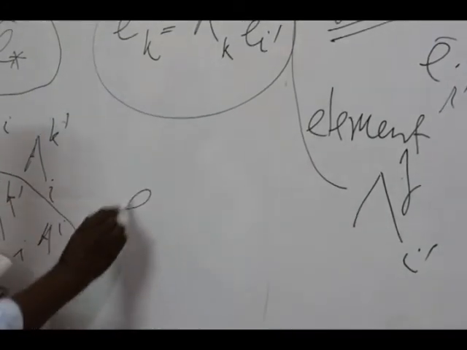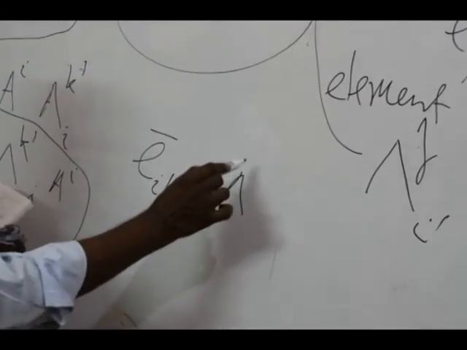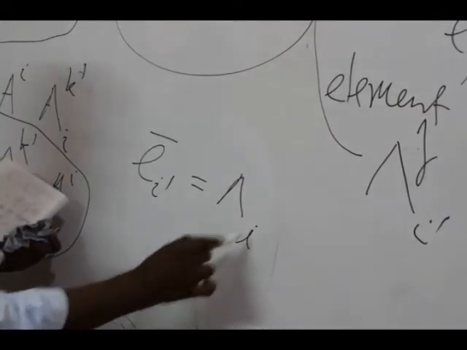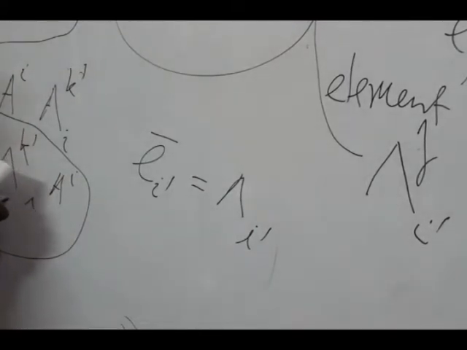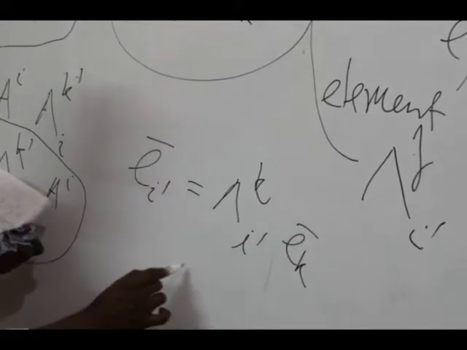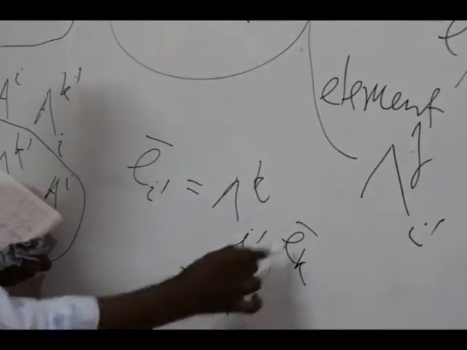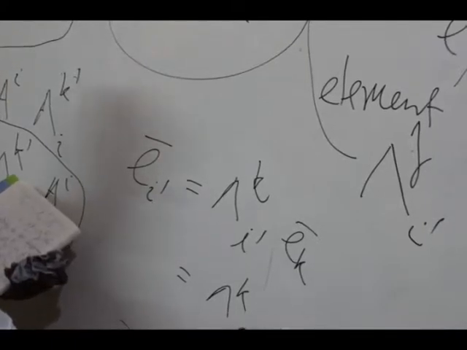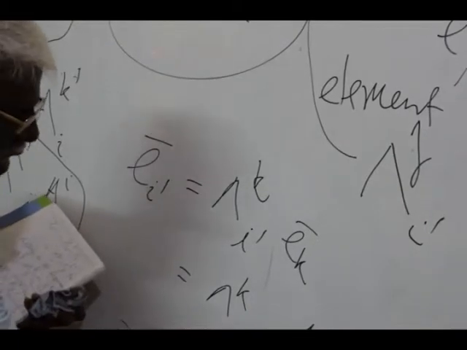So ei dash, I write ei dash is equal to lambda k i dash ek, and instead of ek I can write lambda j dash k ej dash.